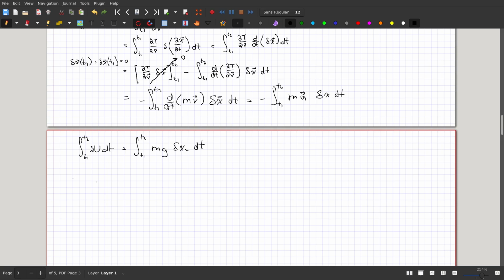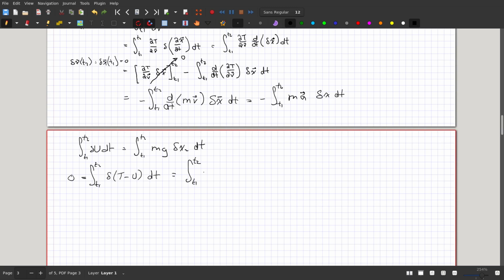Okay, so then writing back down Hamilton's principle, let's include everything. The integral from T1 to T2 of delta (T minus U) dt is equal to the integral from T1 to T2. I'm going to separate now. We had a vector x; I'm going to now evaluate it in terms of x1, delta x1 and delta x2. So I'm going to write them out.